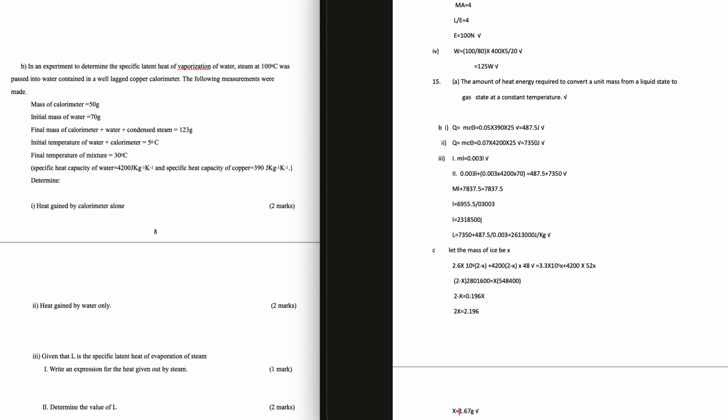Question 15B. In an experiment to determine the specific latent heat of vaporization of water, steam was passed into water contained in a well-lagged copper calorimeter. The following measurements were made.